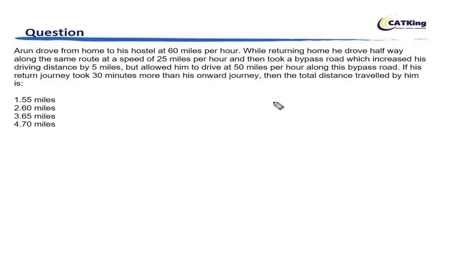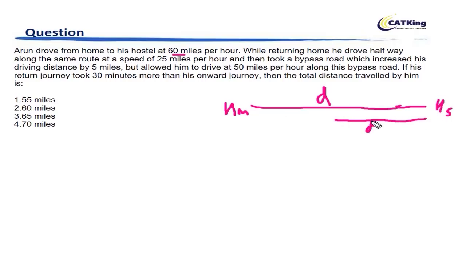Now if you actually see, this guy is going from home to hostel, and in the onward journey he is going at 60 miles. So let's say the distance here is d. In the return path he is doing half the journey at 25 miles per hour, and for the remaining half he is taking a bypass, because of which the remaining half becomes d plus 5, right?